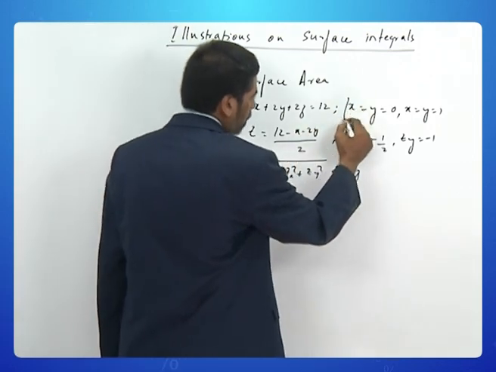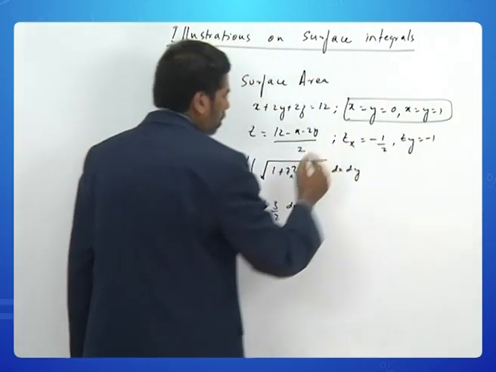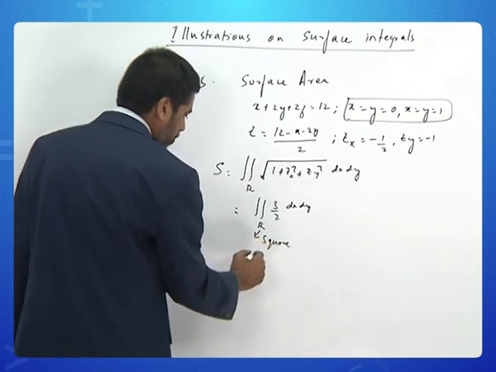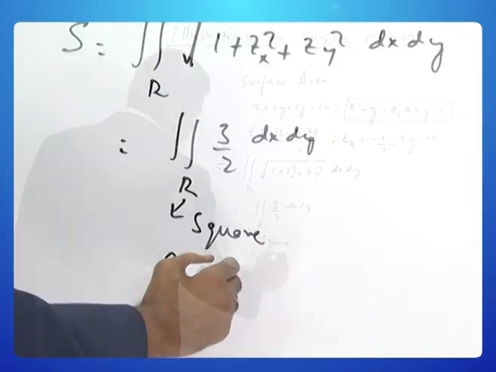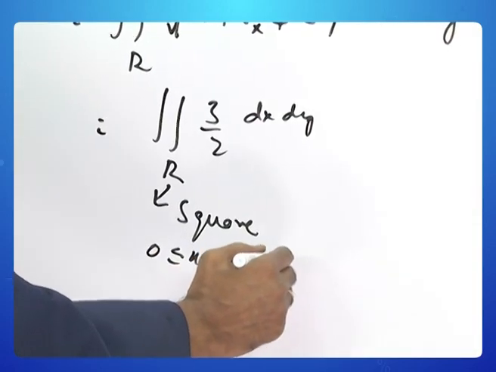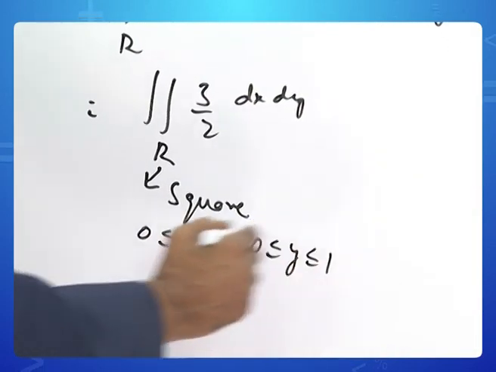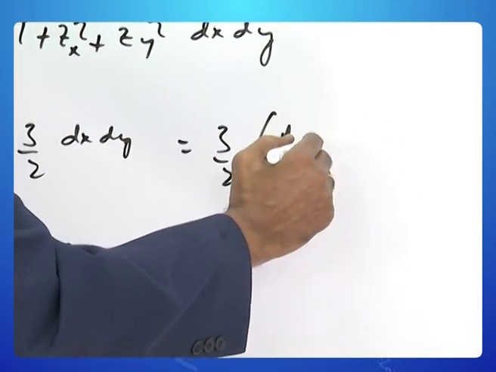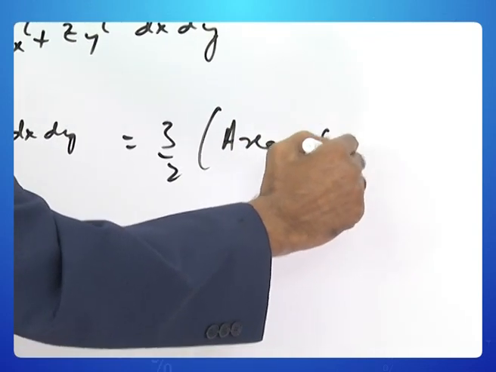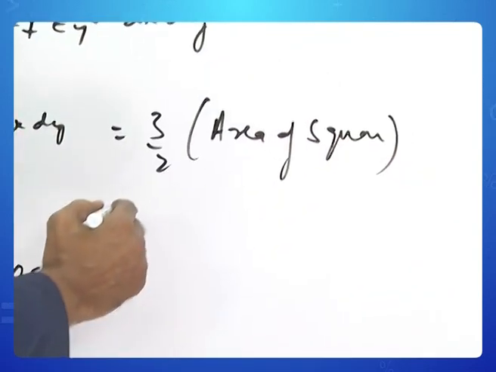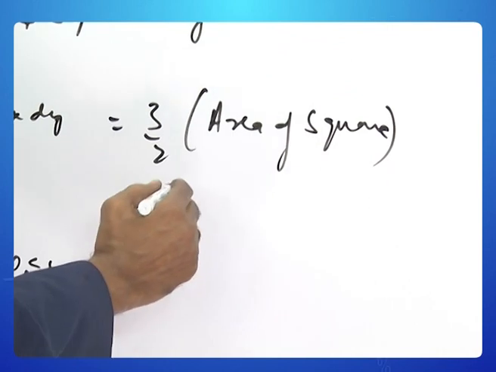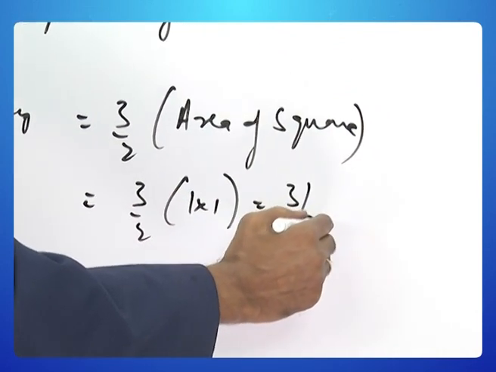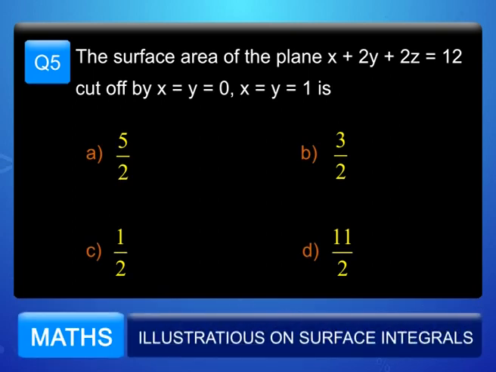It is described by these equations. So it's nothing but a square. And what are the limits? 0 less than or equal to x less than or equal to 1, 0 less than or equal to y less than or equal to 1. So this is 3 by 2 times area of square. 3 by 2 times 1 into 1, 3 by 2, and the correct option is D.